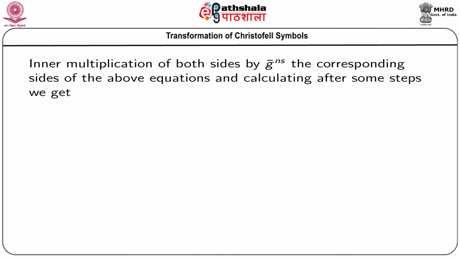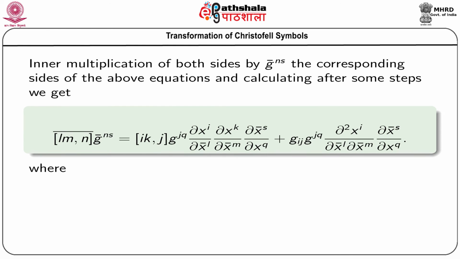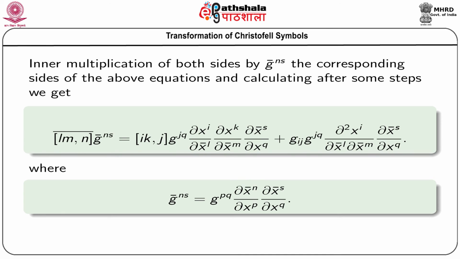So, inner multiplication of both sides by g bar ns, the corresponding equation will give, after some calculations, Christoffel symbol of Lm comma n bar g bar ns equal to I k comma j g j q del xi del xk del x bar s, and here del x bar l del x bar m del x q plus g I j g j q del 2 xi by del x bar l del x bar m del x bar s del x q, where g bar ns equals g p q del x bar n del x bar s by del x p del x q.